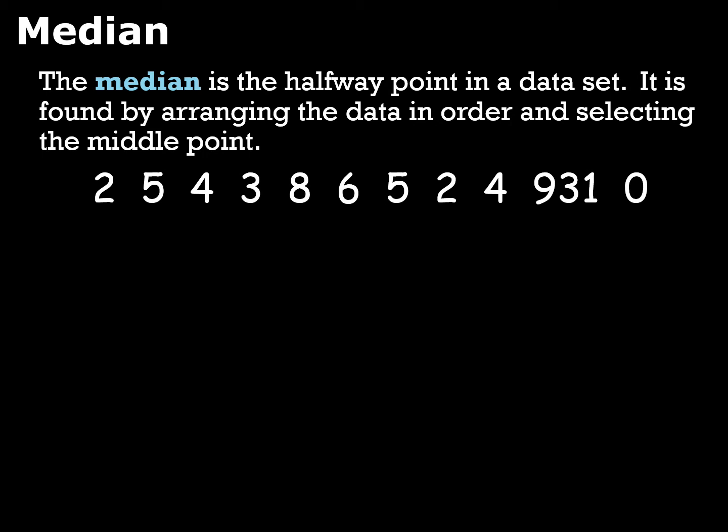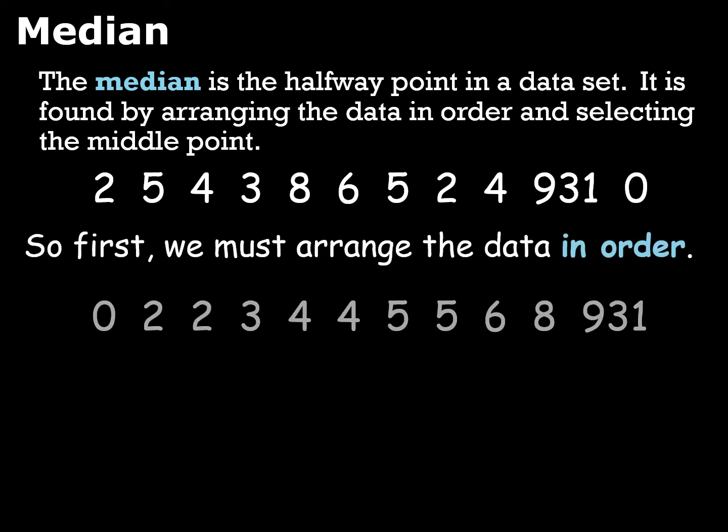Here it's almost the same data set, I believe. I just changed one of these numbers to a very big number. If we arrange it in order, it looks like this. Again, to find the median, after we arrange it in order, we march in from the ends all the way to the middle. This is the same median that we found before.